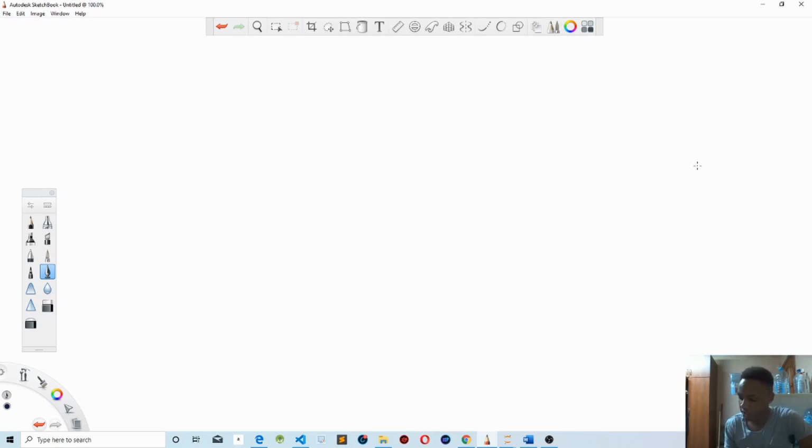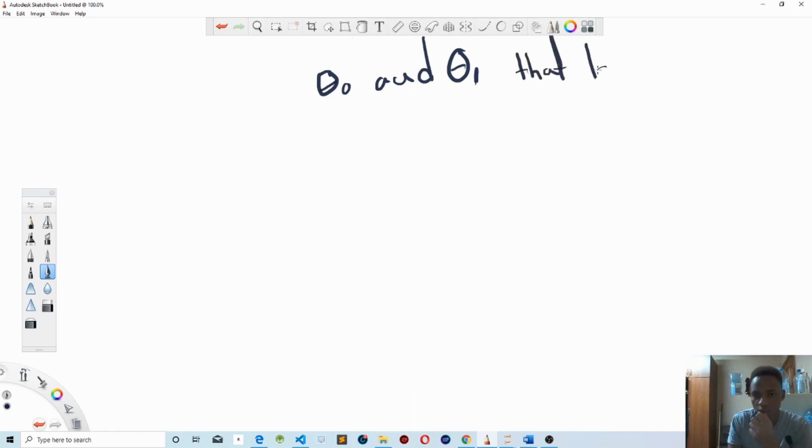So in linear regression, we want to come out with values of theta 0 and theta 1 that best fit our data set.